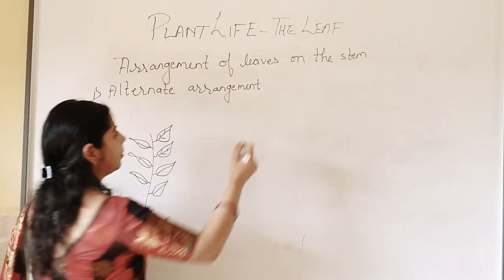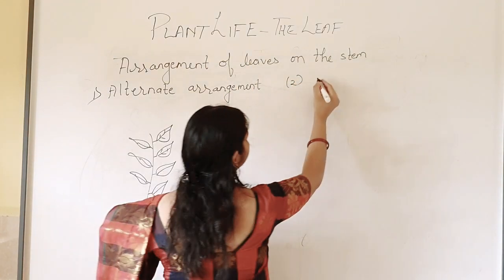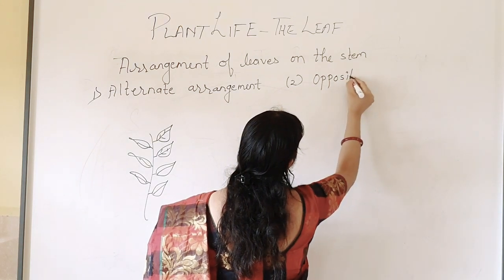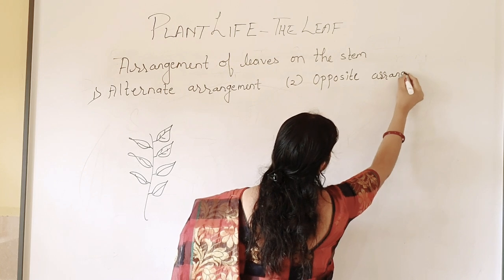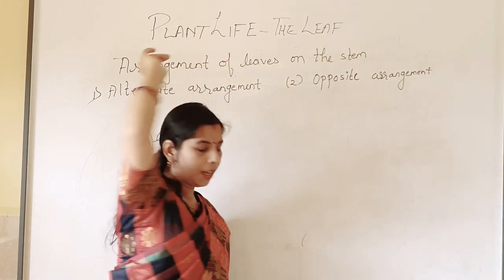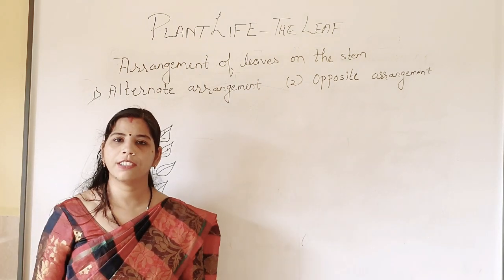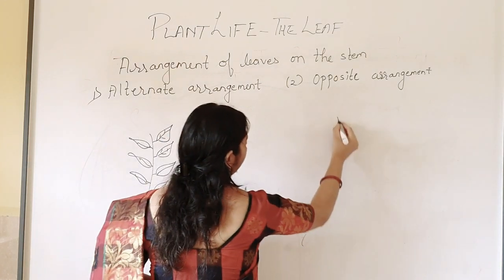The second is the opposite arrangement. In opposite arrangement, the leaves are arranged on the stem just opposite to each other, like this.